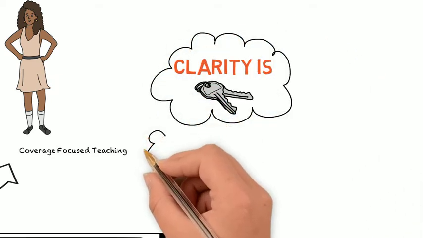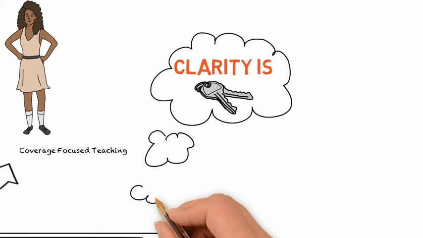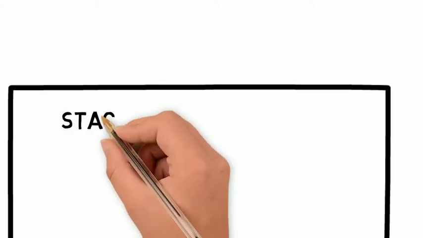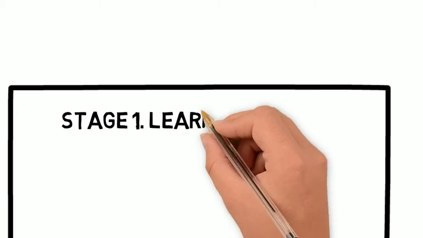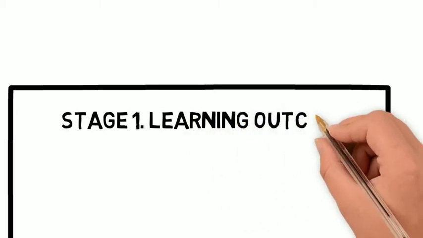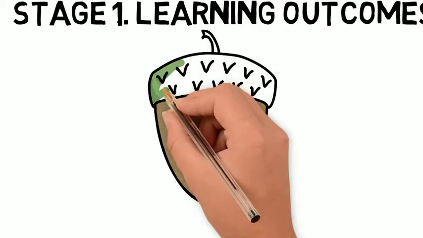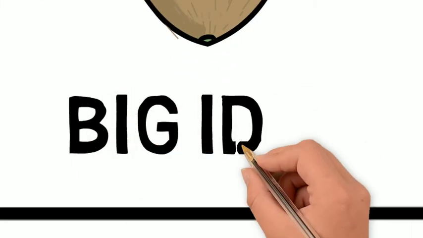There are 3 stages, things we need to think about. Stage 1, learning outcomes. This is your big idea in a nutshell. Things we need to think about.